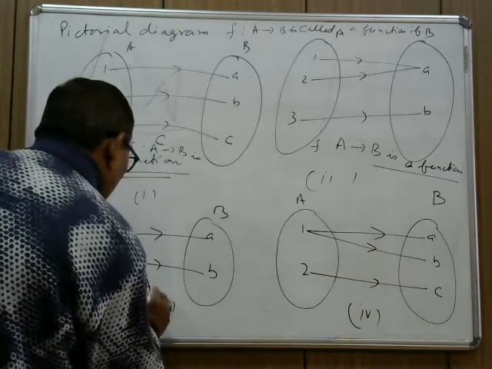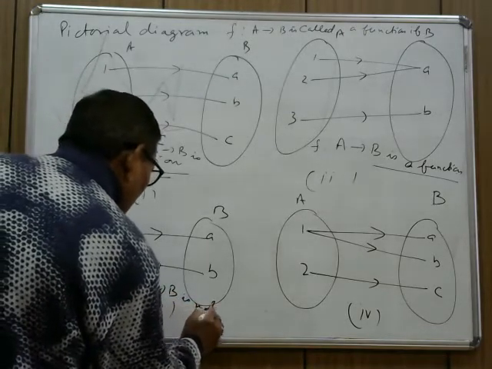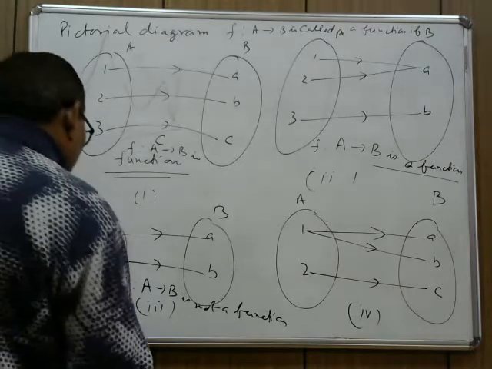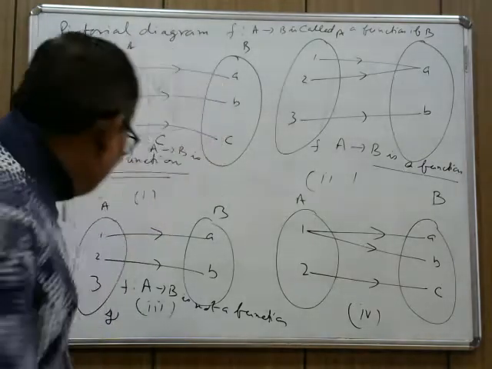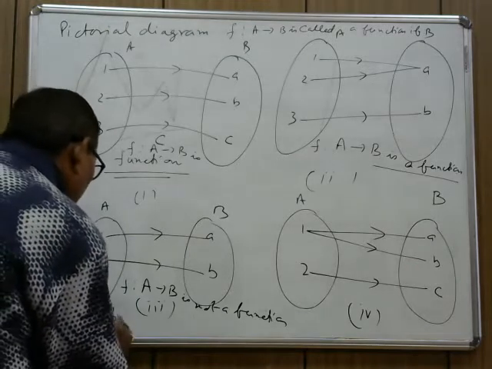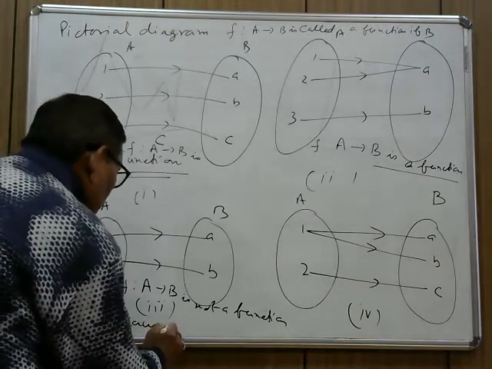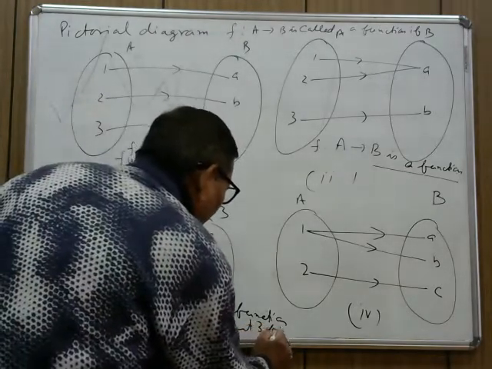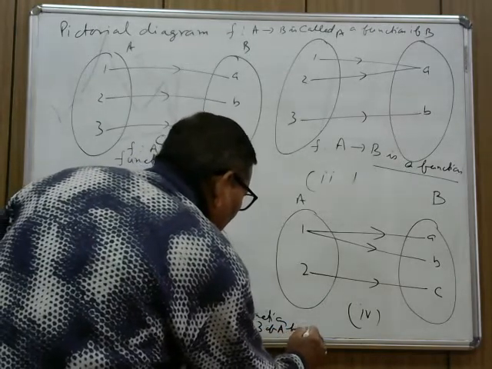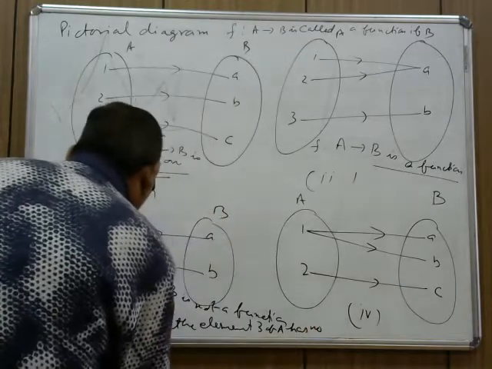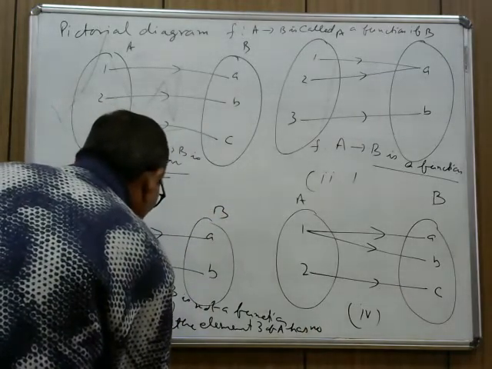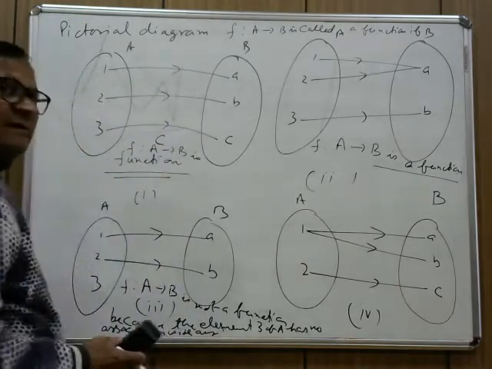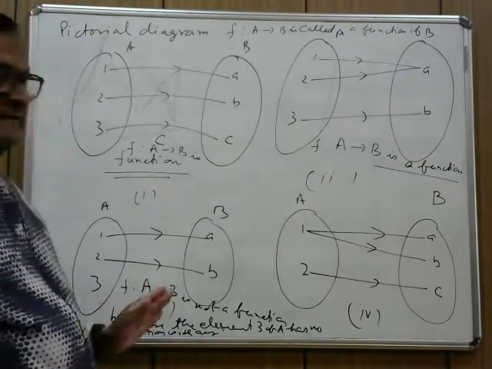As such, A to B is not a function, because the element 3 of A has no association with any element of B. So that is the case.